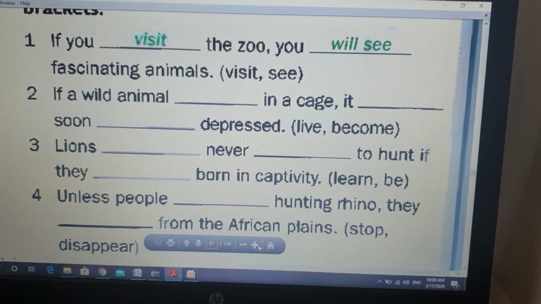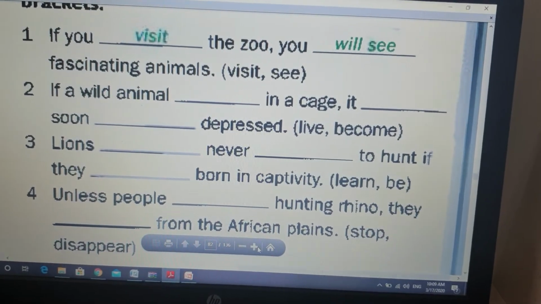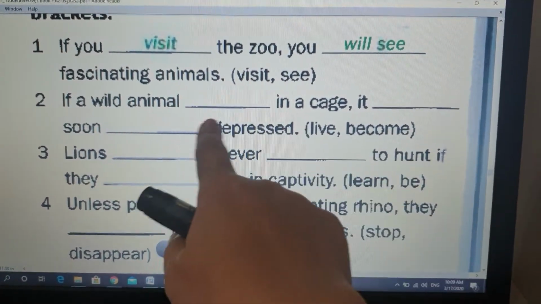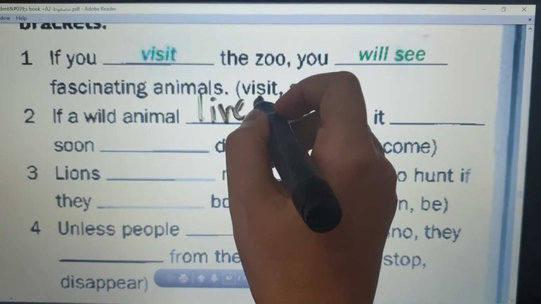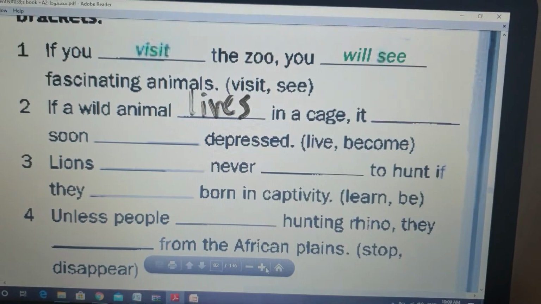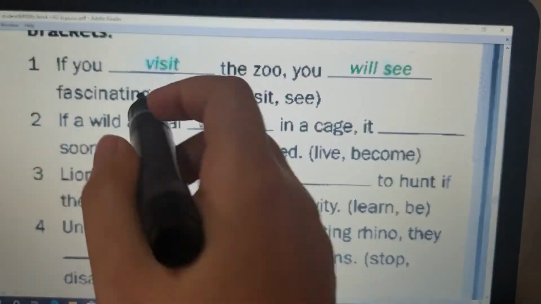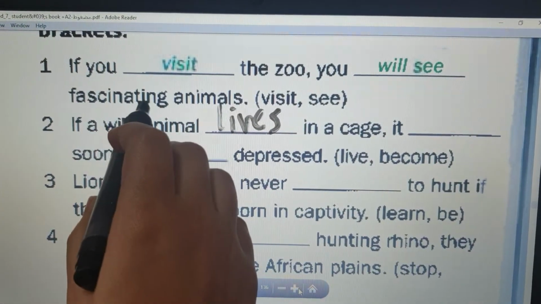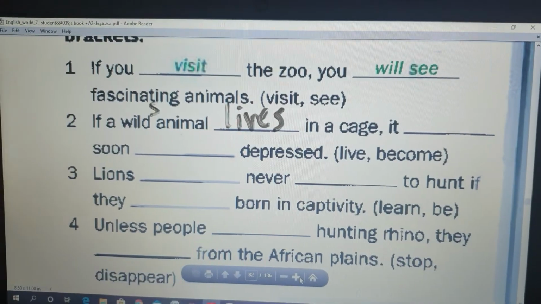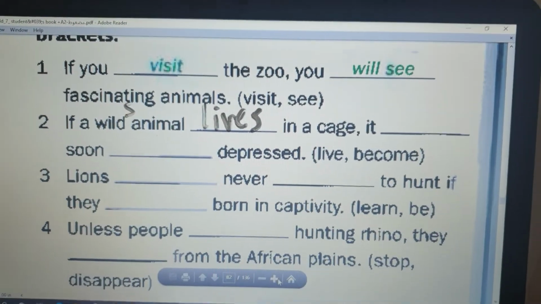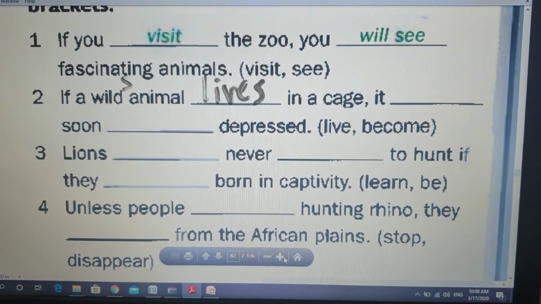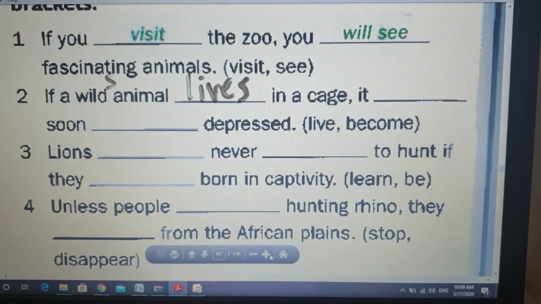If a wild animal lives, why did we add s? Because the subject is singular, and in the present simple sentences, we add s to the verb if the subject is singular. I have told you about that before in the 0 type.